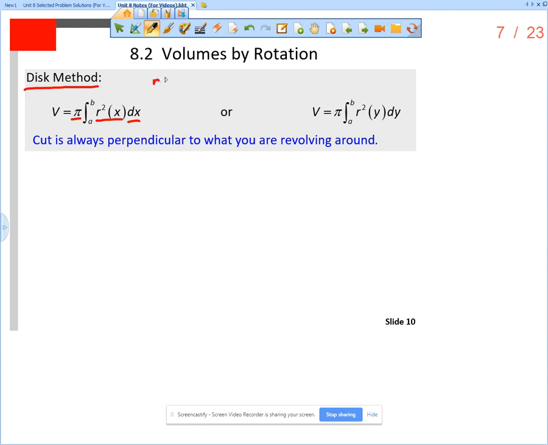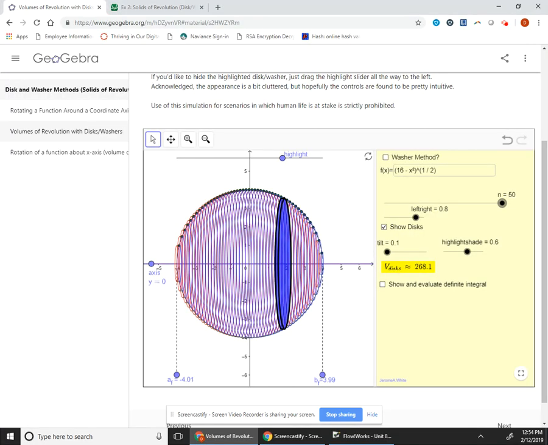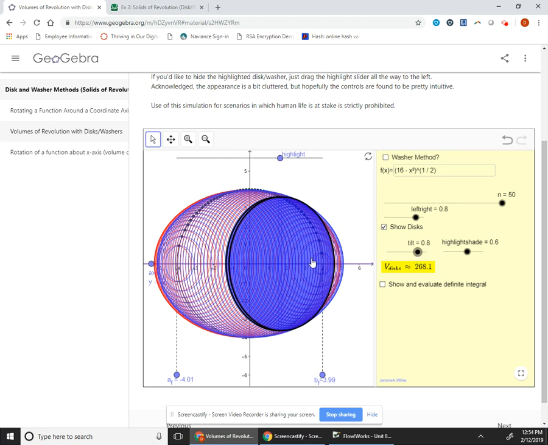This is r of x quantity squared, some radius as a function of x. So remember, if you go back here, each one of these disks, if I move the disks around, are varying in size. So how do they vary in size? Well, remember, they are dependent on the height of the function at that particular point.